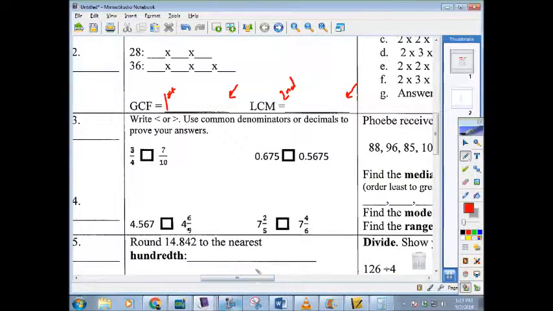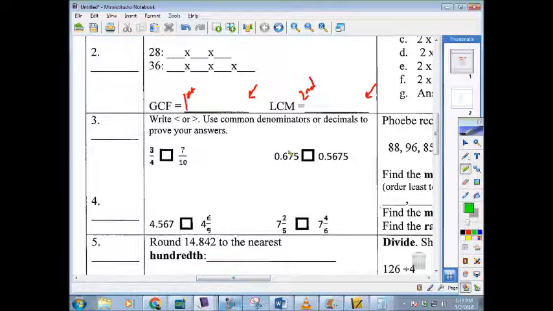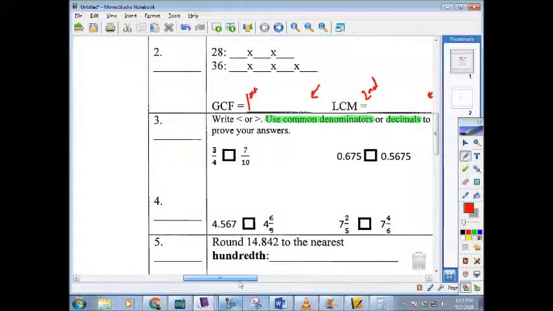Okay, let's go to number 3. We had one of these on review sheet 2 also. As you can see, it says use common denominators or use decimals, one of the two. If you're going to use common denominators, that's fine. You seem to know how to do that. You could use what I call the quick common denominator, or you could use the least common denominator.